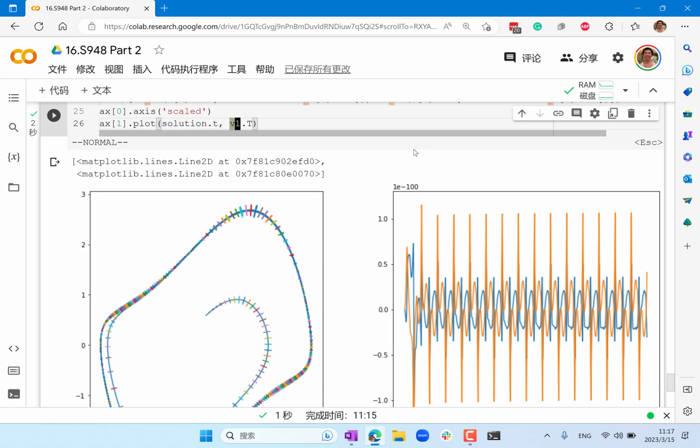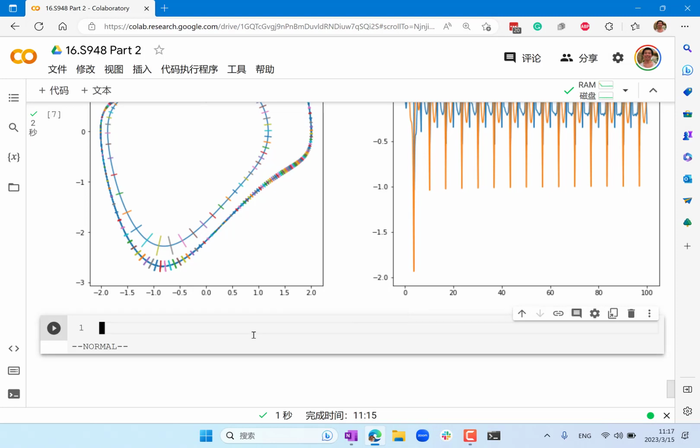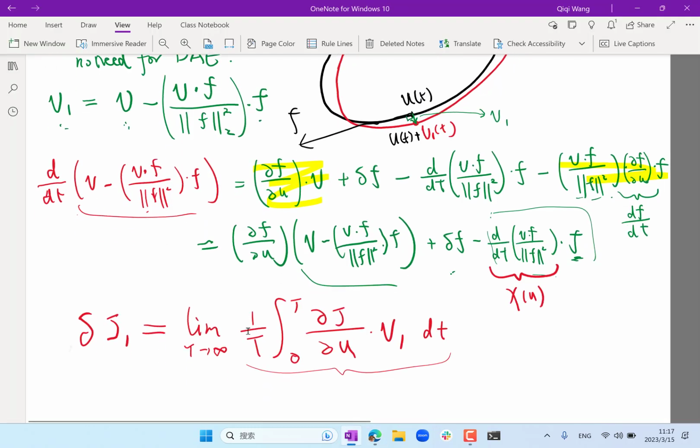Okay, so how do we compute? Any questions on that? If no, let's figure out how we actually compute the delta J bar caused by this particular tangent solution.